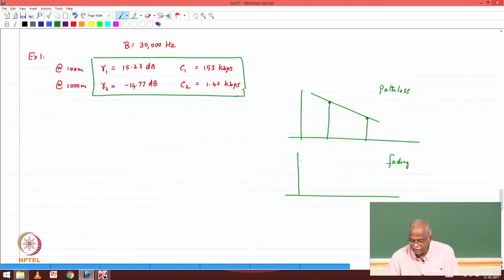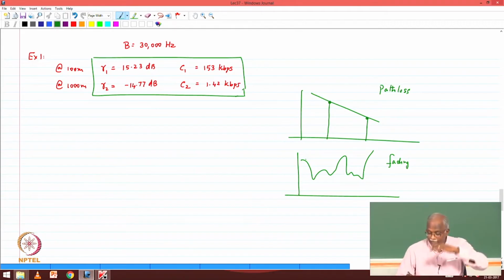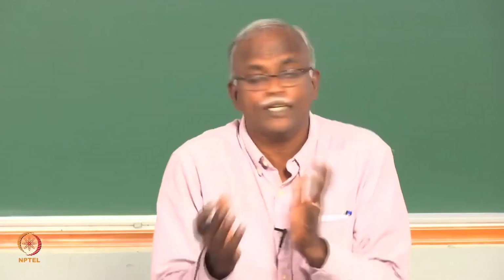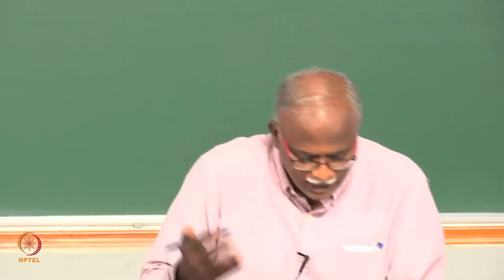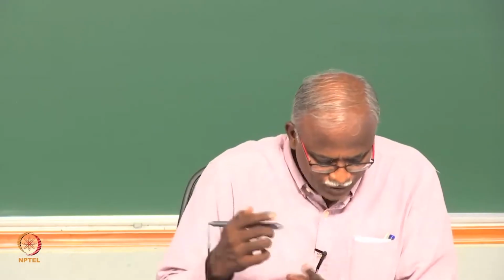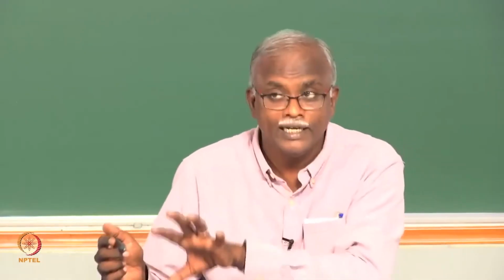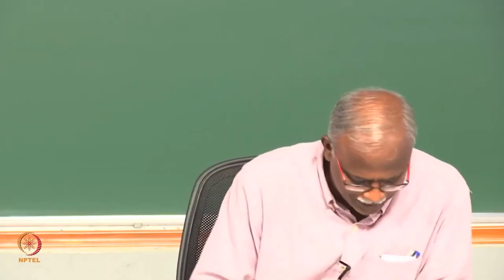I have a capacity that is fluctuating. At each point, based on the SNR, I get a certain capacity. So it is no longer a fixed quantity. It is something that is constantly changing, like the SNR in a fading channel. So that is where we are going to really engage with the concept of capacity.